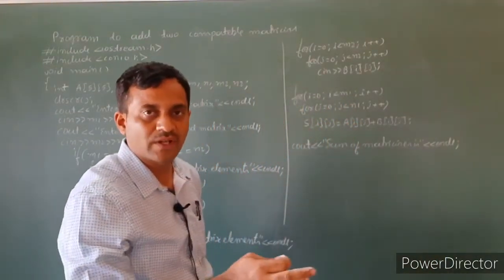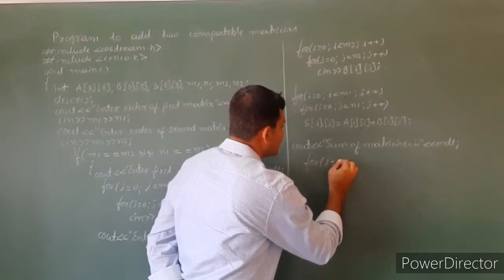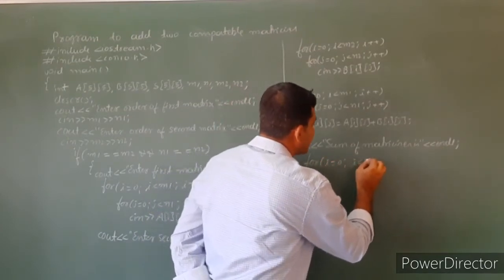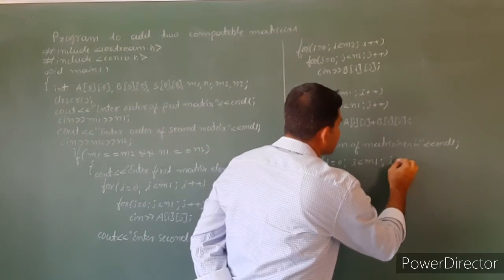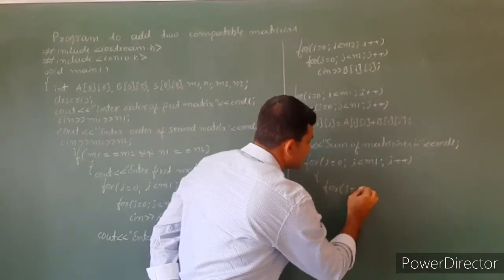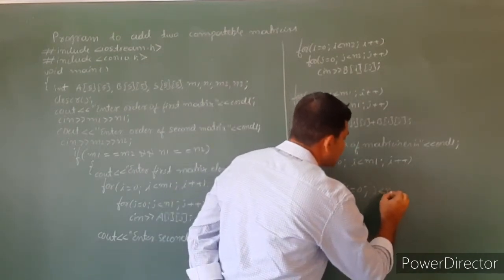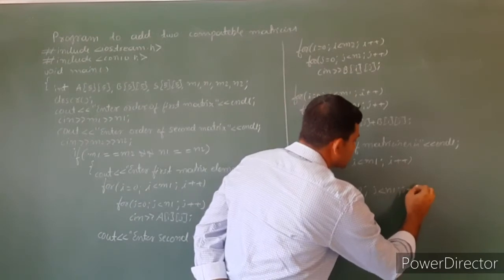again it is a collection of elements. To print the matrix elements we need for loop. For i equals 0, i less than m1, i plus plus. Inside the for loop write the j for loop, j equals 0, j less than n1, j plus plus.